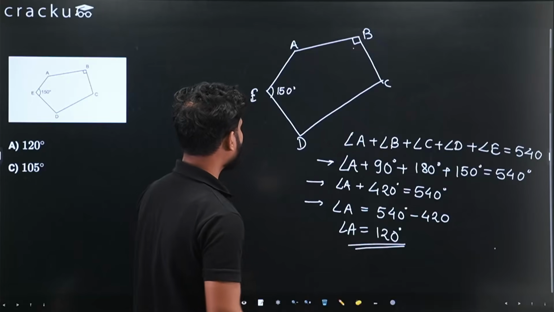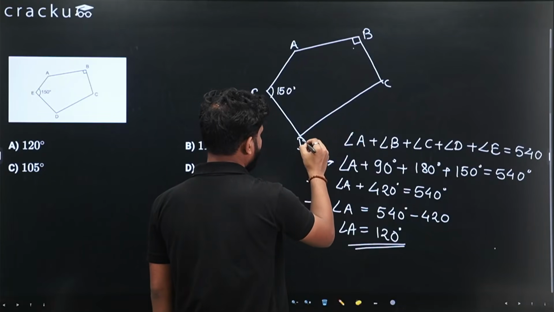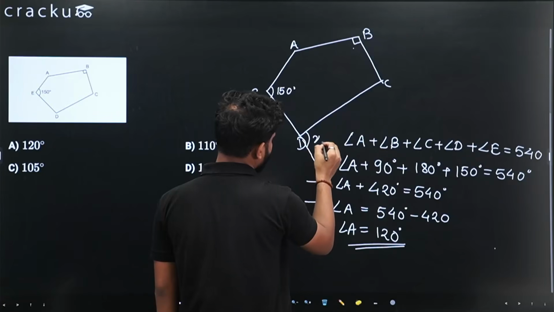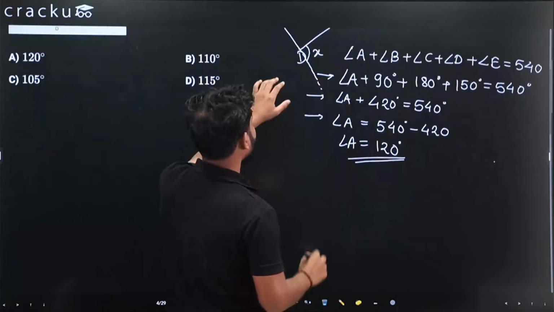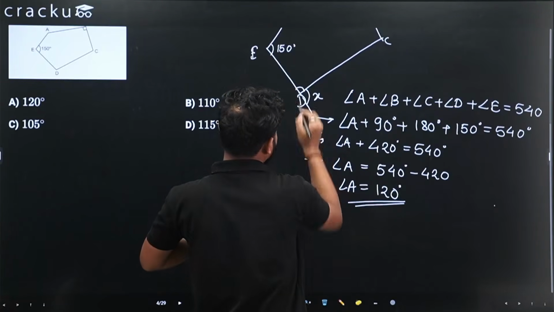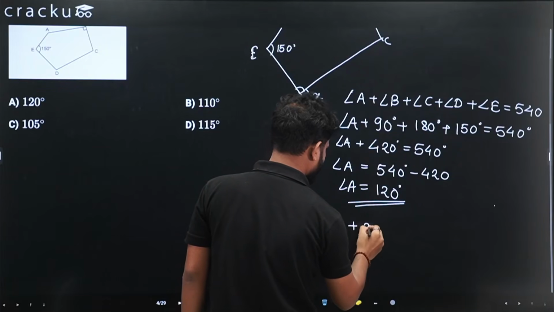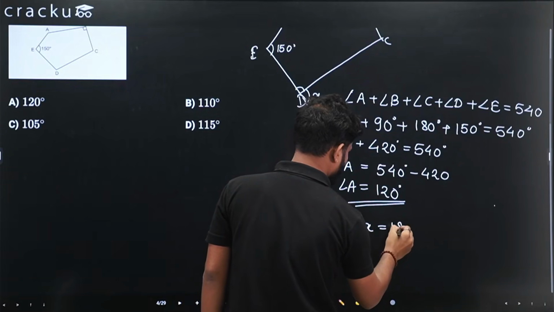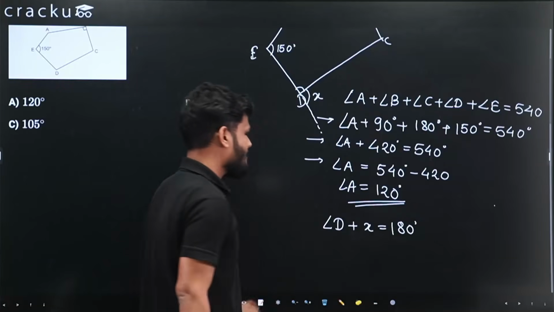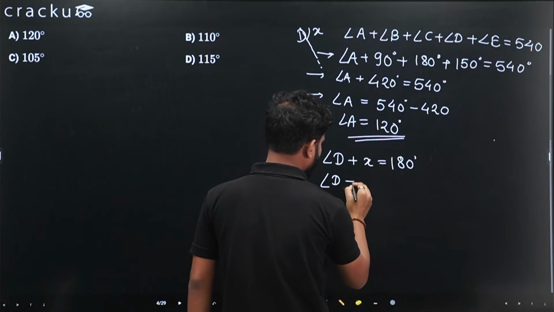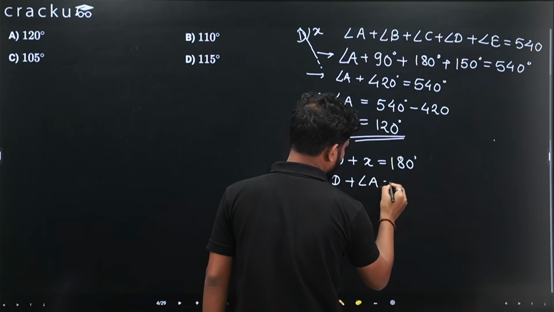Correct? Now you need to find external angle D. You need to find this angle. So let us say this is X. So can I say angle D, internal angle D plus X is 180 degree? But I also know that angle D plus angle A is also 180 degree.